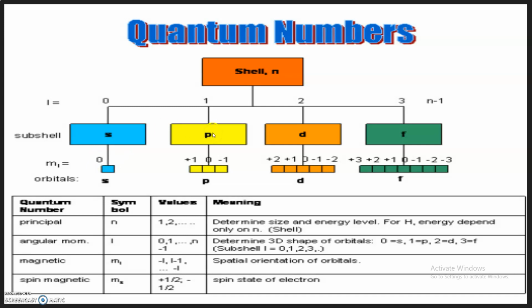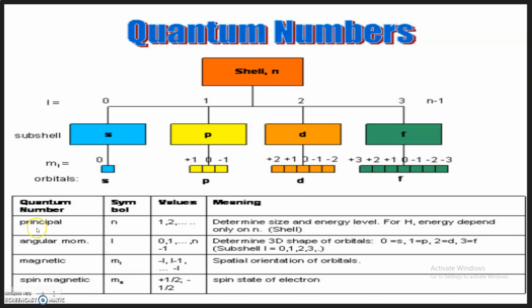For P there are 3 possibilities: +1, 0 and -1. For D, there are 5 possibilities: +2, +1, 0, -1, -2. And for F, there are 7 possibilities: +3, +2, +1, 0, -1, -2 and -3. These are the F orbitals.